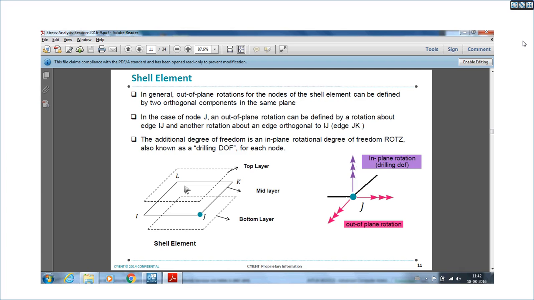So about this there will be 1 rotation. This rotation is 1 degree of freedom, this one is another degree, and this is the 3rd degree of freedom. So this is also called drilling degrees of freedom.